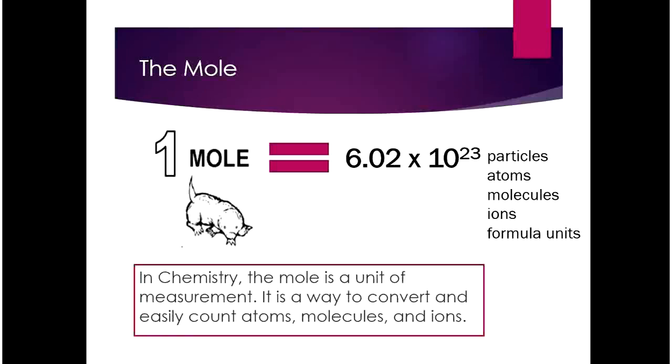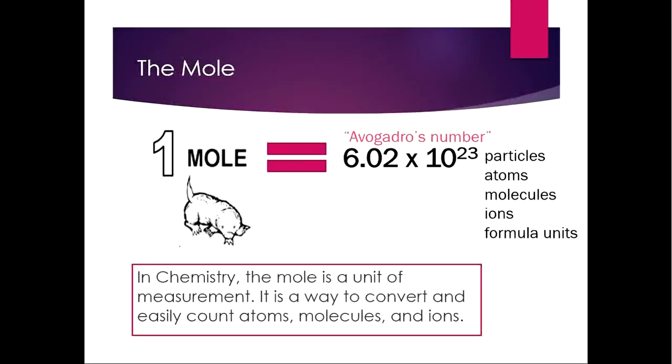And 1 mole is equal to 6.02 times 10 to 23 formula units. The whole point is that all of these particles are extremely small. Particles, atoms, molecules, ions, formula units. This number is called Avogadro's number. So when you think of 1 mole of a substance, think of Avogadro's number, 6.02 times 10 to the 23.